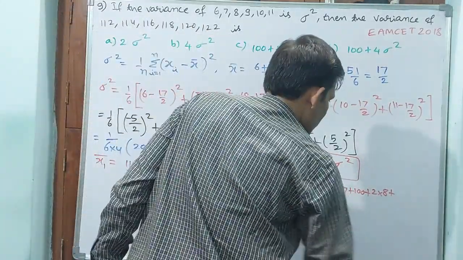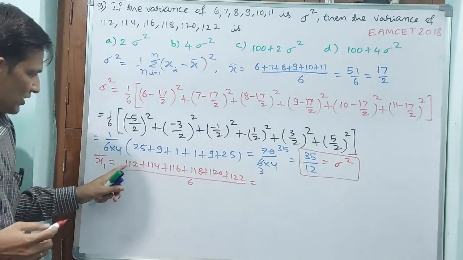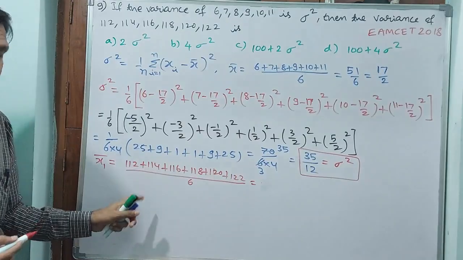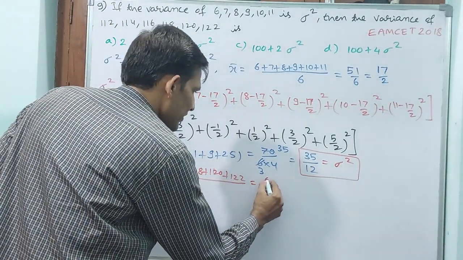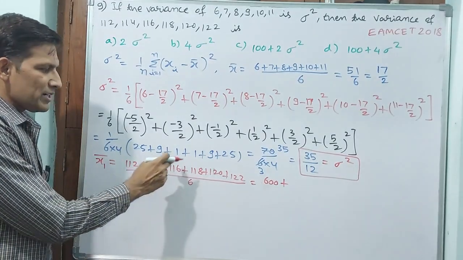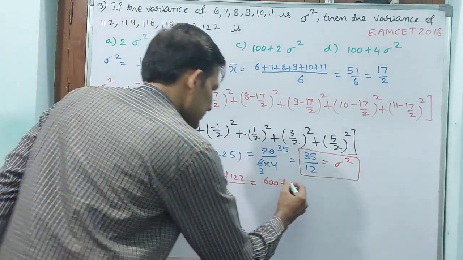Shall I take common? Because 1, 2, 3, 4, 5, 6, 600s are there. So shall I take 600 common, plus 12, 14, 16, 18, 20, 22? In that also shall I take 2 common?